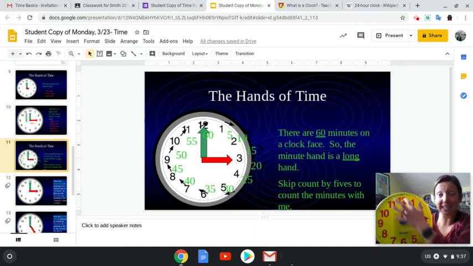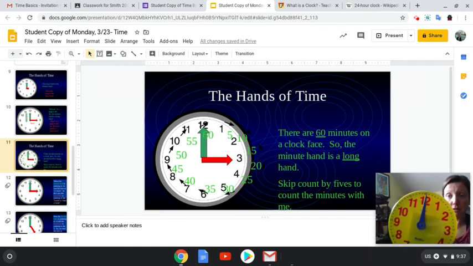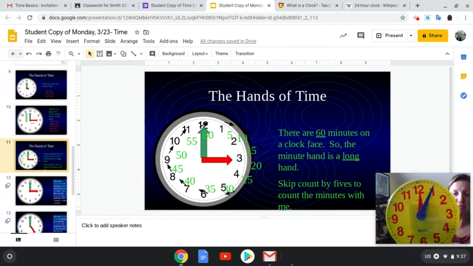minutes past the hour. These start our hours. These start our minutes, because the first minute will always be right after that 12. And then we skip count by 5.